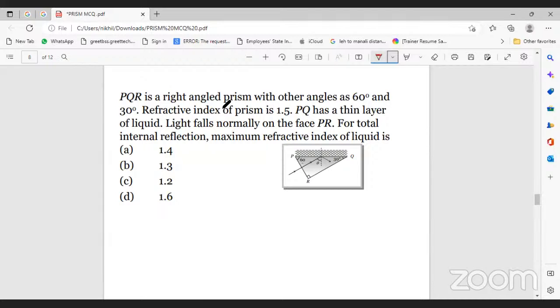PQR is what angle prism? Right angle prism. This is 90 degree, right? What are the other two angles? One is 60 degree and another one is 30 degree.